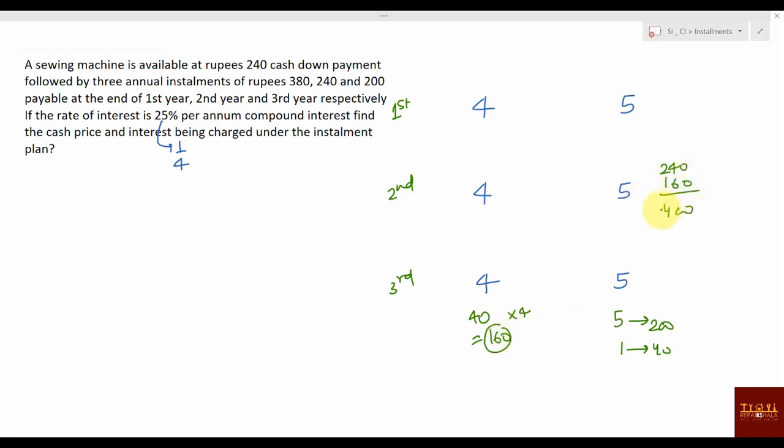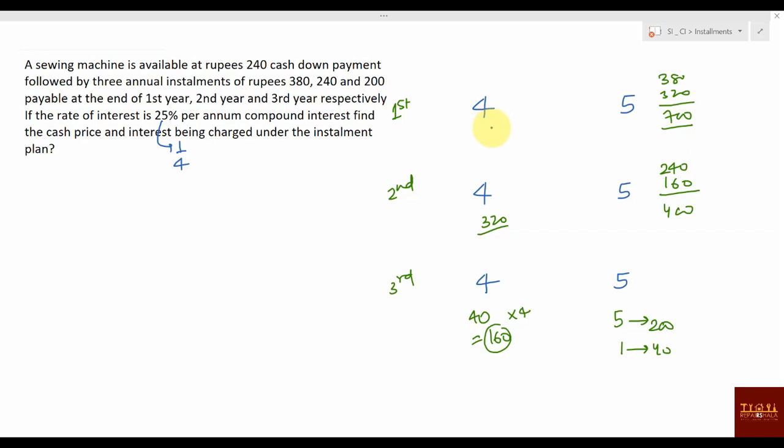It should be 400. Again 5 corresponds to 400, means 1 corresponds to 80, means this will correspond to 320. This is an outstanding amount. And how much EMI did you pay here? 380. So 380 plus 320, how much is the outstanding amount? 700. 5 corresponds to 700, so it will be 140.